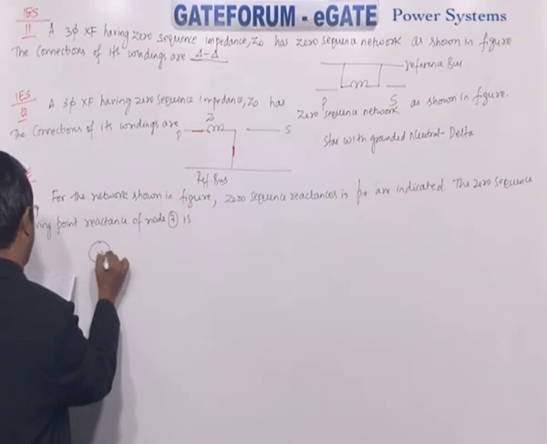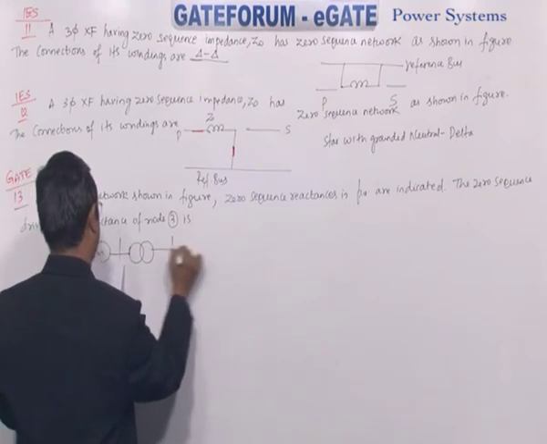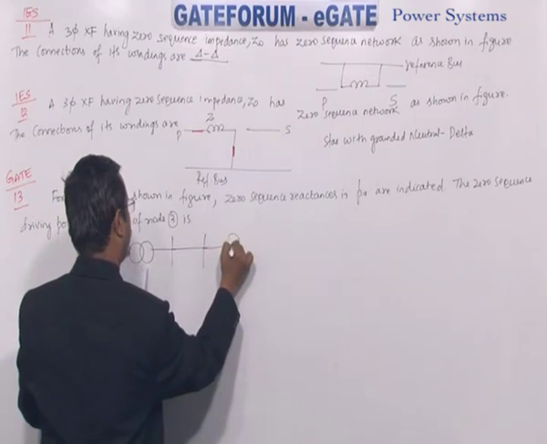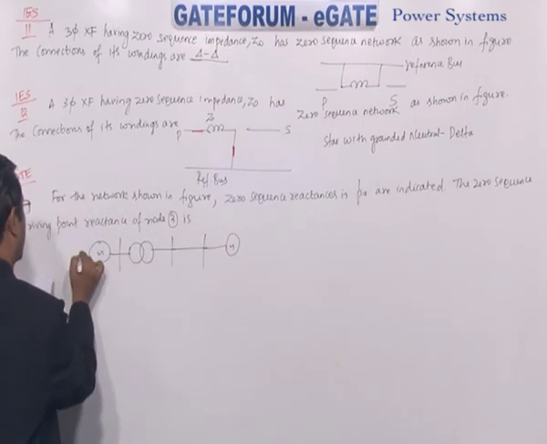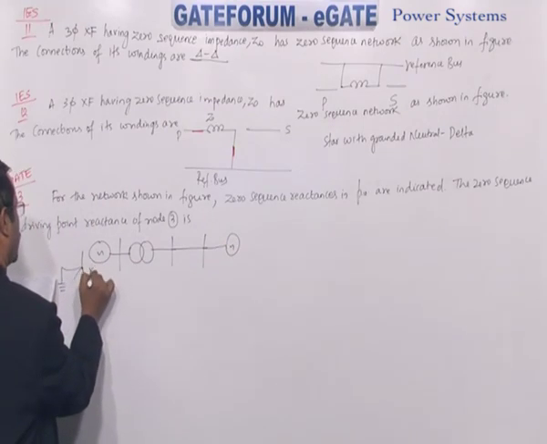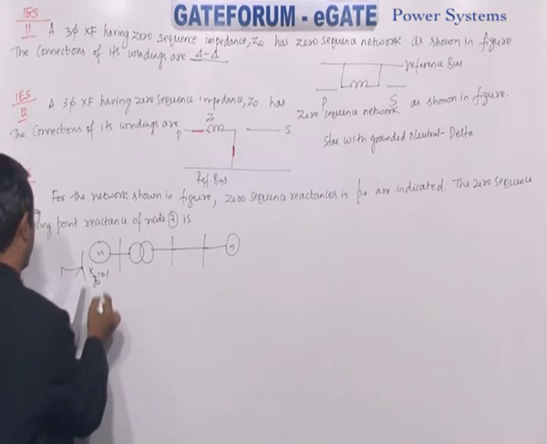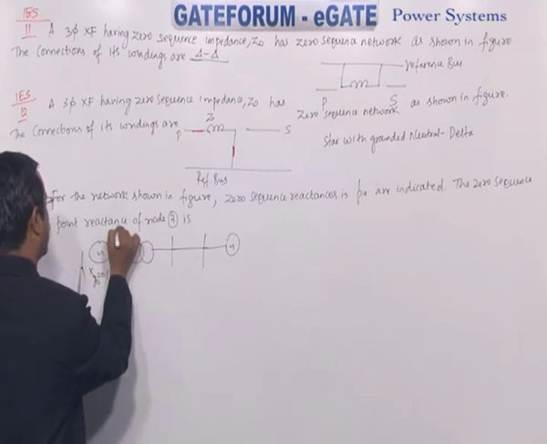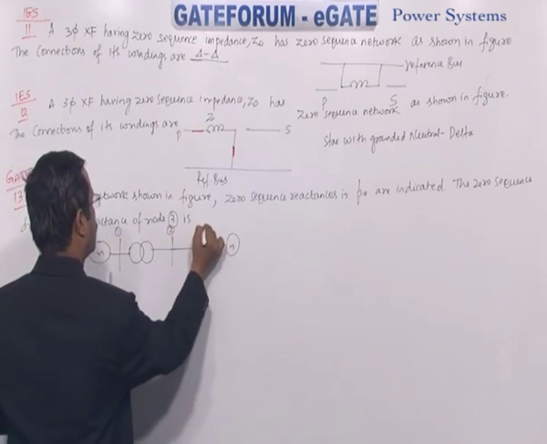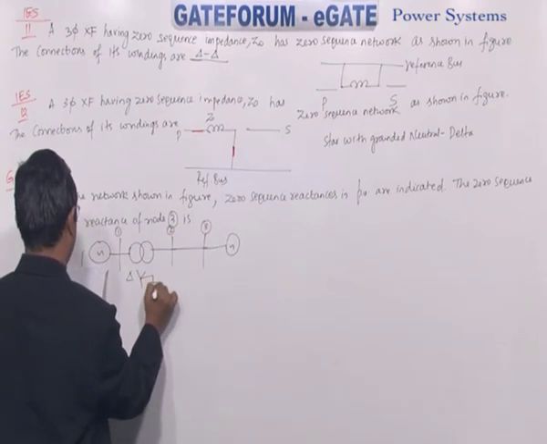So the network given is like this. We have a step-up transformer, line, and further another generator. For the alternator Xg0 is 0.1, this is bus 1, bus 2, bus 3, delta, and here solidly grounded.